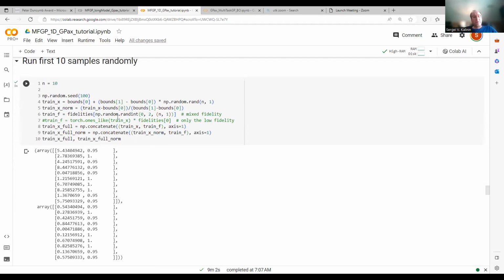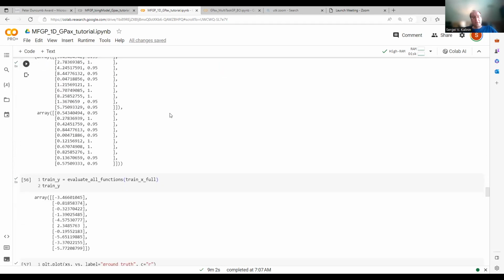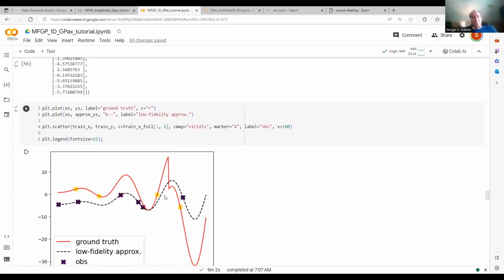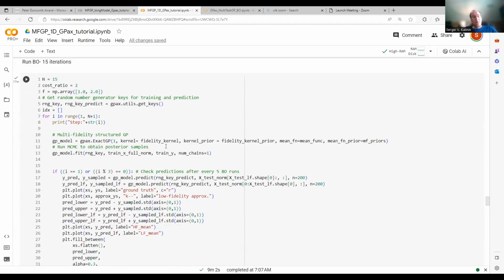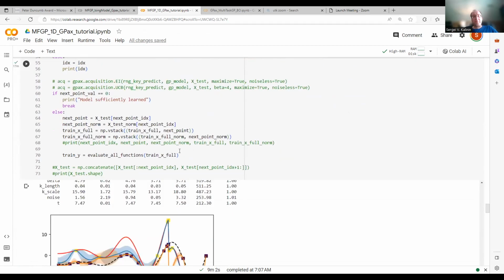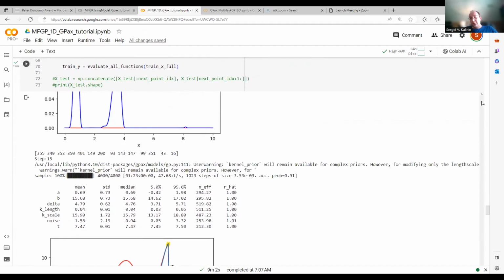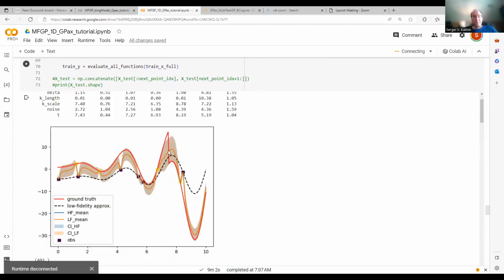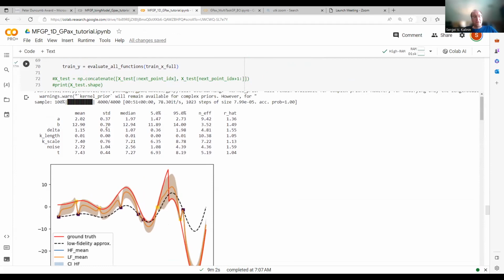We create our 10 initial sampling points, which look exactly the same because we use the seed. We define the Bayesian optimization cycle, and then you can see the difference in behavior between the SGP, multi-fidelity SGP, and multi-fidelity Gaussian process.